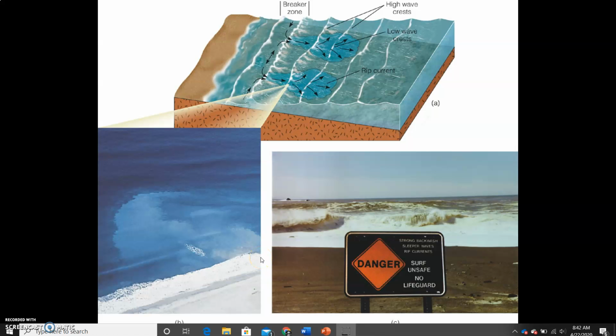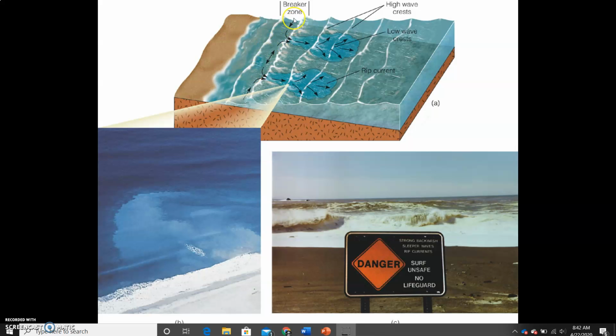So remember we talked about the rip current and the backwash. This is emphasizing how these form as waves hit the coastline. You have some rip currents that develop, and you get this backwash. It's showing you the water is basically sucked back into the ocean, and you've developed this low bait feature here.